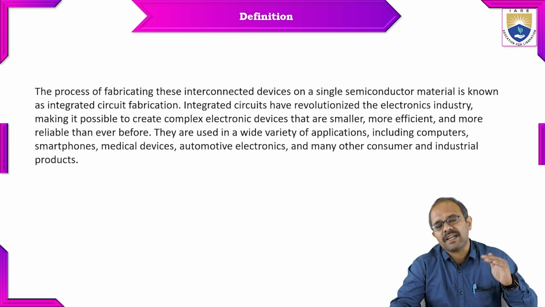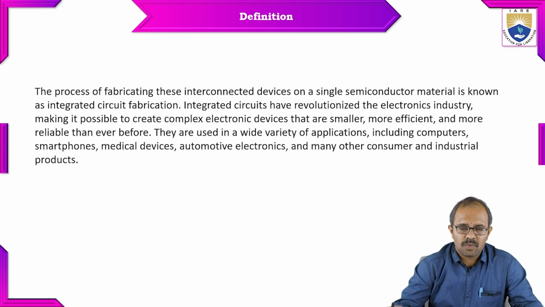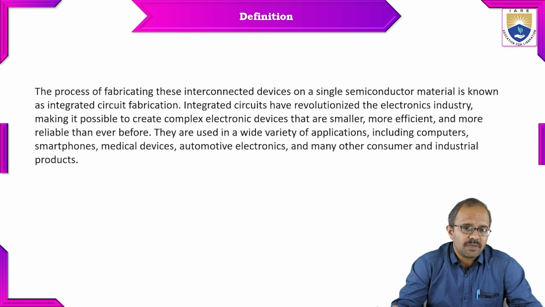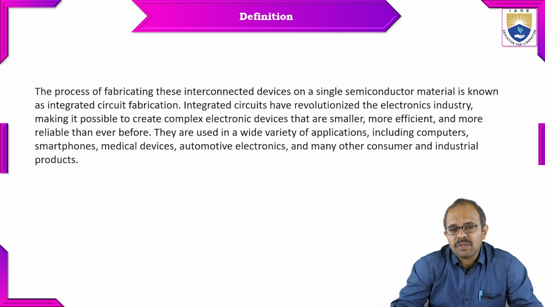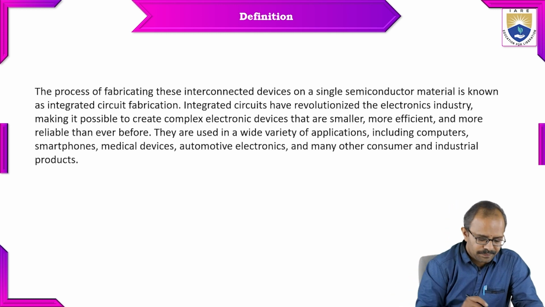IC fabrication is another area of the technology. Here we are not going to talk about the fabrication of ICs; we are going to talk about different types of ICs. Fabrication of ICs is discussed under the subject called VLSI technology. That subject completely talks about the fabrication of ICs and how to design the ICs.